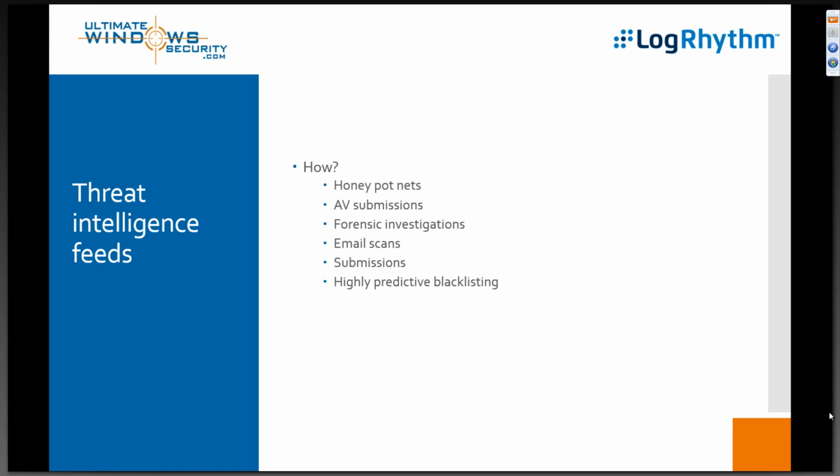They also do some interesting stuff with what they call highly predictive blacklisting, and I'm not an expert on that, but they can take a lot of emails from participating organizations and do analysis to isolate common link-back addresses that, once you push it through the algorithm, it's highly predictive that this is either just spam, which is bad enough, or it's the initial drop zone for a botnet or some other kind of malware to deploy.